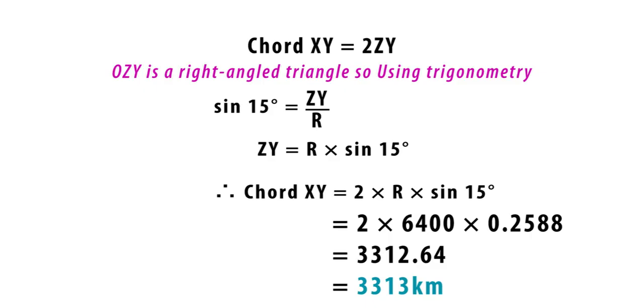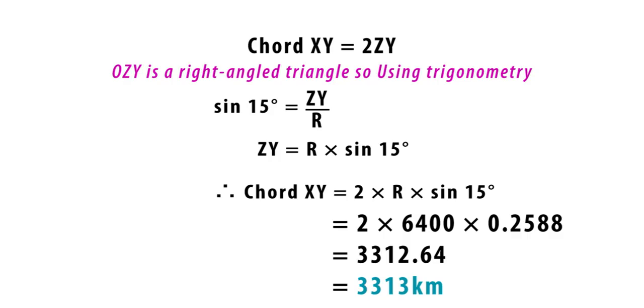From the triangle, we can observe that sine 15 degrees is equal to ZY divided by R. That's if we apply our trigonometric ratios. This will simplify to ZY equals R multiplied by sine 15 degrees. But we know that the chord XY is twice ZY. Therefore, the chord XY is equal to 2 times R times sine 15 degrees.